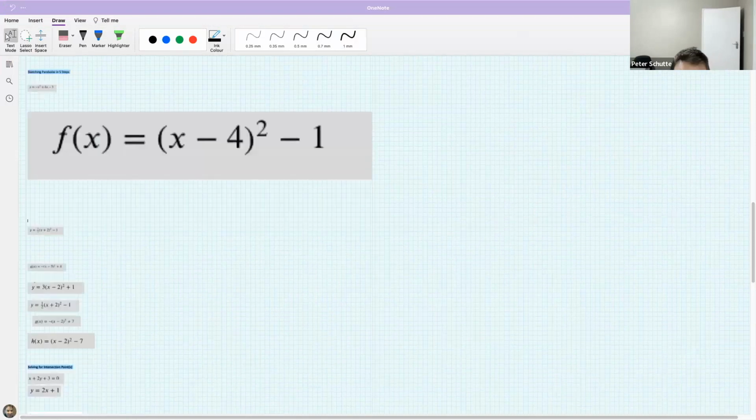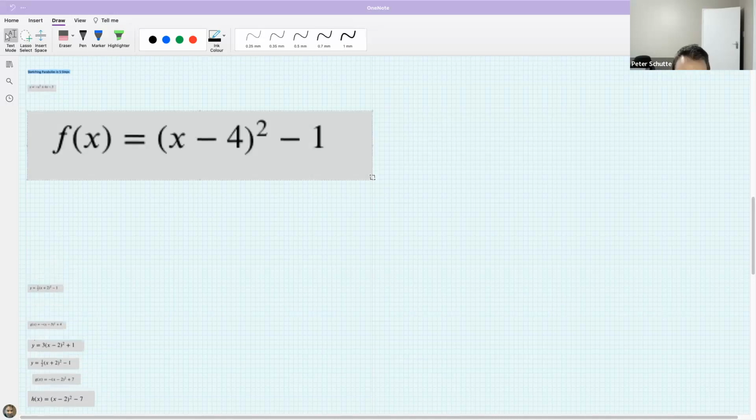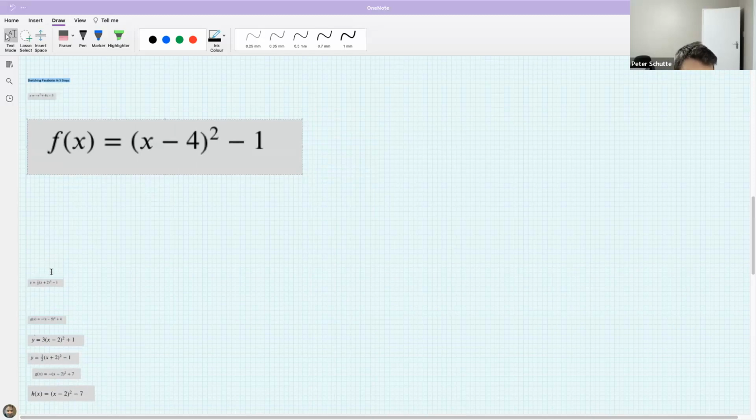So before we start trying to draw this graph, what do we notice about this graph compared to the last one? What do we notice that's different? Okay, let's unmute Amanda.